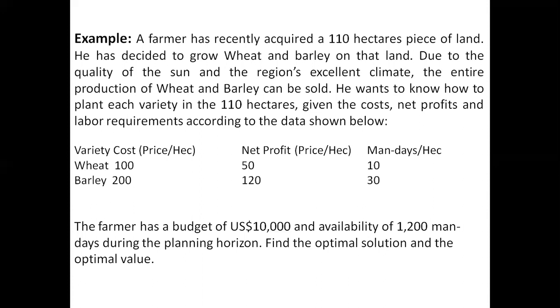So it is crystal clear that a farmer has acquired 110 hectares as a single piece of land. He has decided to grow wheat and barley on that land. Due to the quality of the sun and the region's excellent climate, the entire production of wheat and barley can be sold. Being sold clearly specifies that there is a demand for both products: first the wheat, next the barley.